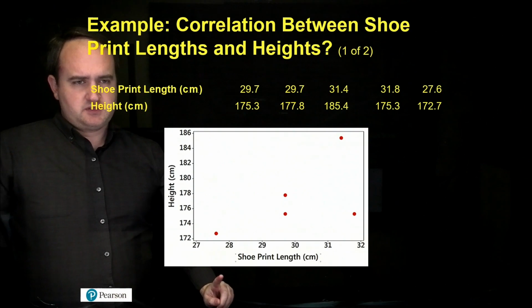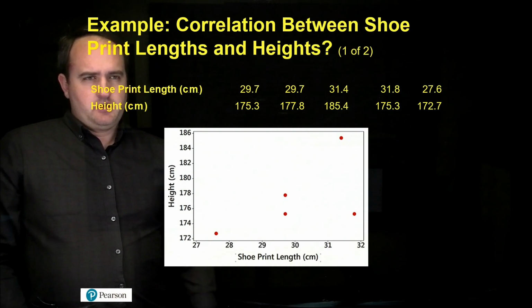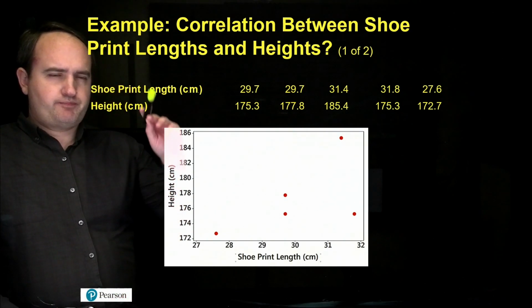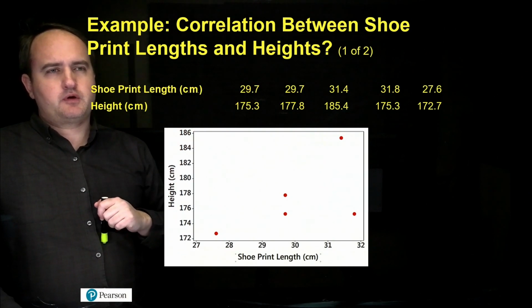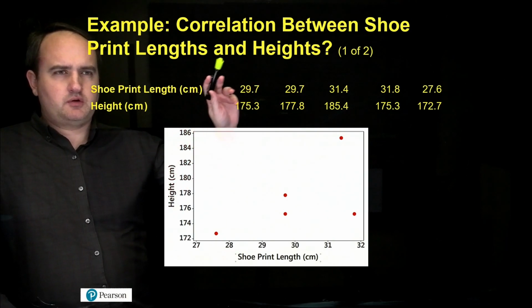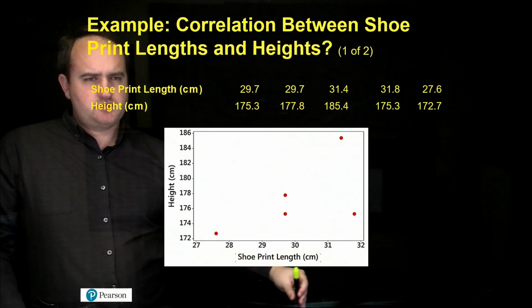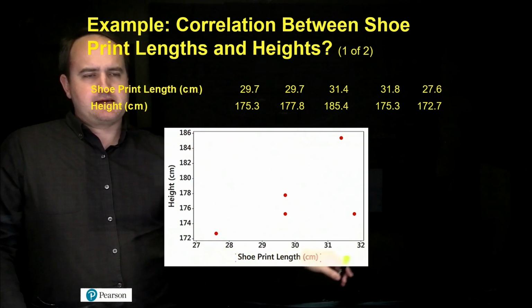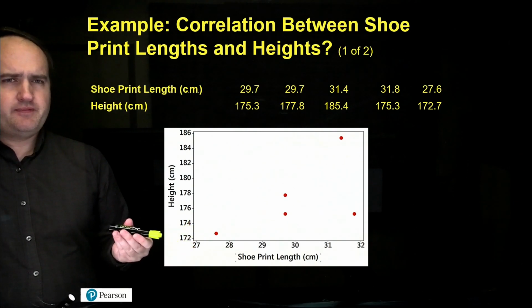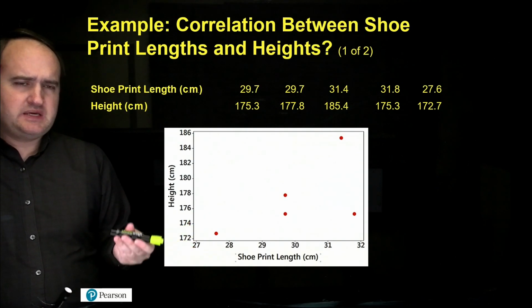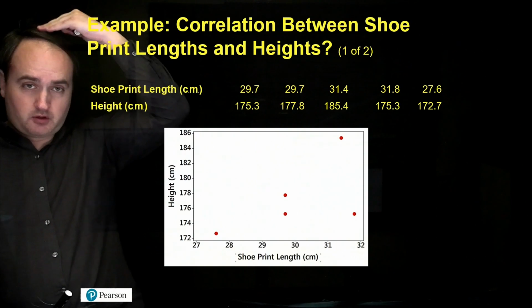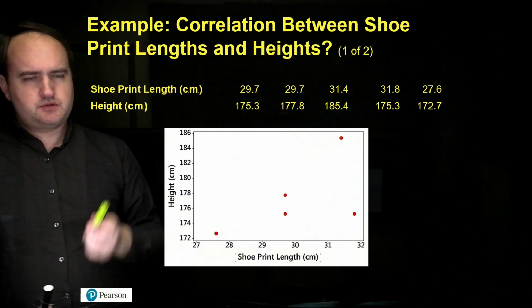So if we look at this scatter plot, this particular example is also from the book, and we're wondering if there's a correlation between shoe print lengths in centimeters, which are the horizontal or x-axis, and then the height of the people in the study, so how tall they are, measured in centimeters.